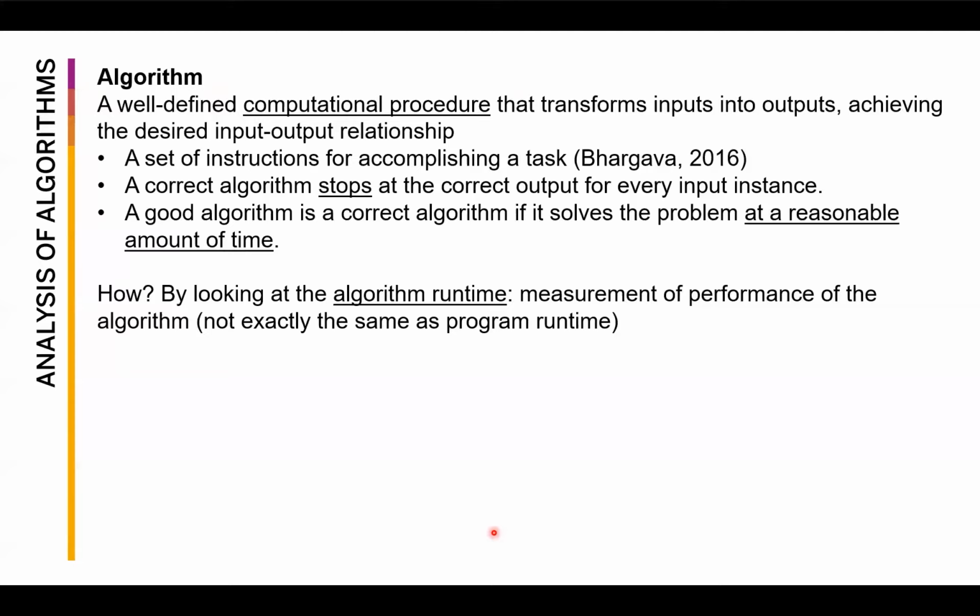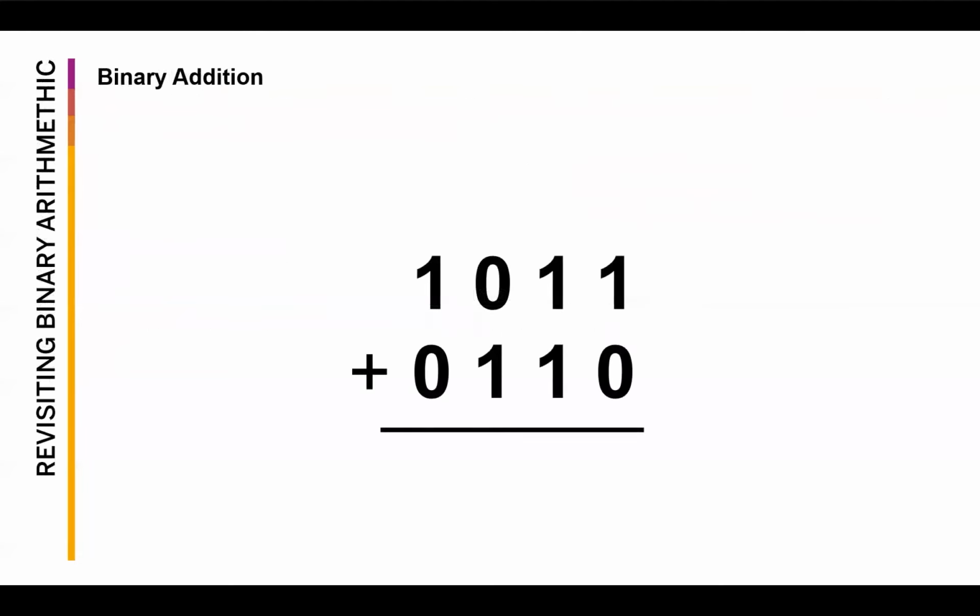Before we go down into algorithm runtime, let's revisit our binary arithmetic. Isa-isahin ulit natin, what should we do here? We need to look at the rightmost bits, and then we add them. So 1 plus 0 will be 1.